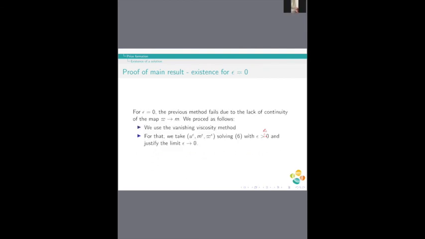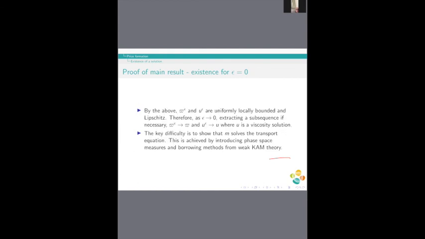Now this is for epsilon greater than 0. For epsilon equals 0, the real difficulty is passing to the limit, and for this we use the vanishing viscosity method. The real difficulty is to show that m solves the transport equation, because we are passing to the limit in an expression that is nonlinear in u_x^epsilon, m^epsilon.